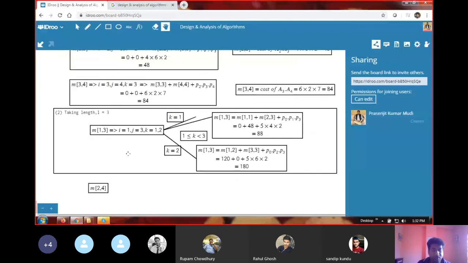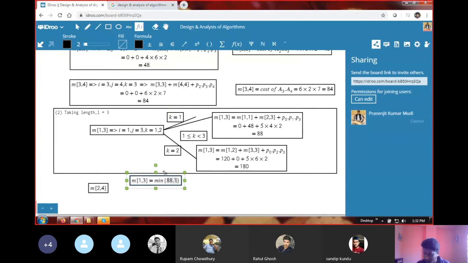So m1,3 will be equal to min of 88 and 180. That is 88. And correspondingly, what is the value of k you got? It's giving us the minimum value of m1,3. So k equal to 1 gives us the minimum value of m1,3, which is 88. That means k equal to 1 is going to be my s1,3.